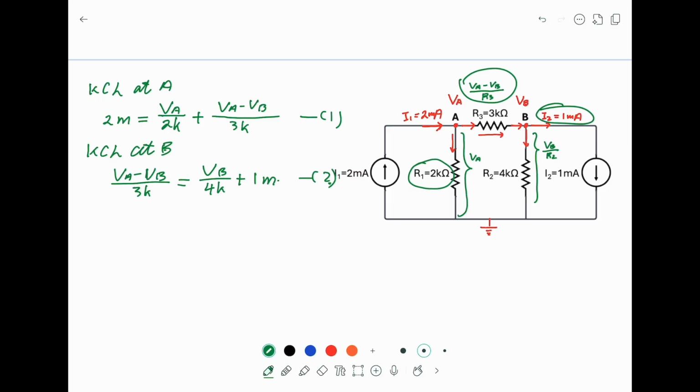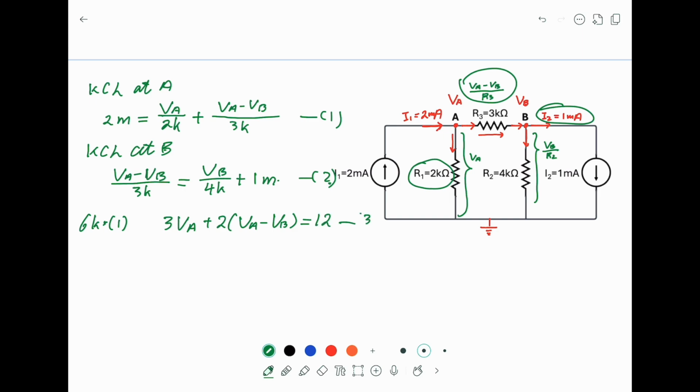From 1, I multiply by 6K and rearrange the equation, so it becomes 3VA plus 2VA minus VB equal to 12.